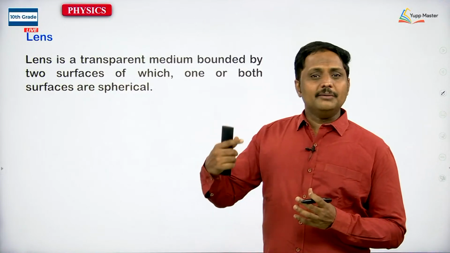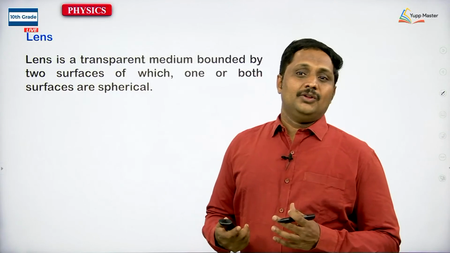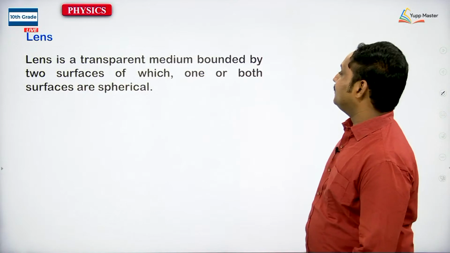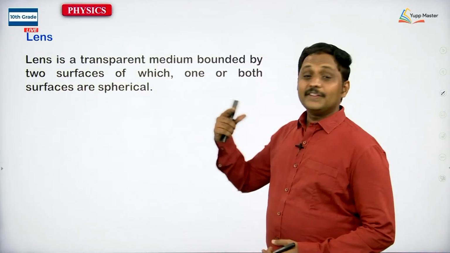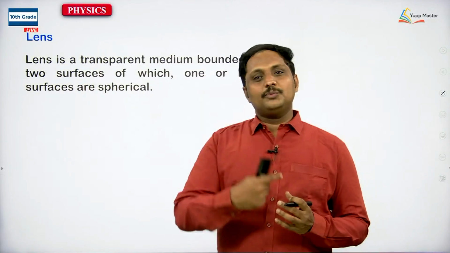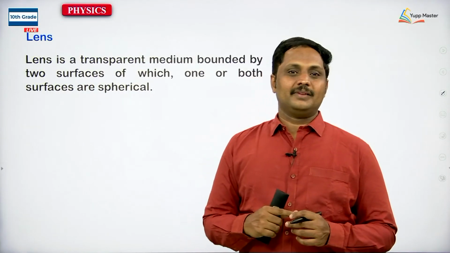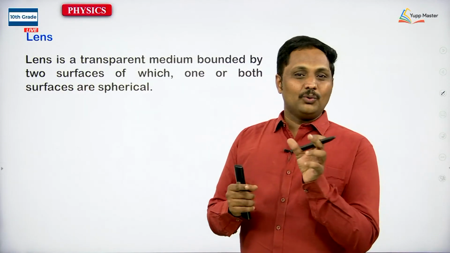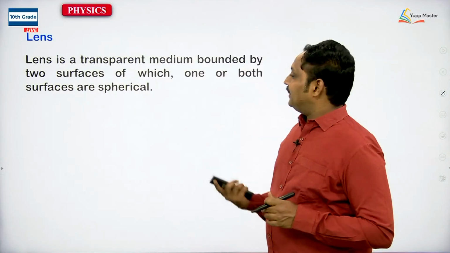One surface is bulged, the other is depressed. So what is a lens? A lens is a transparent medium bounded by two surfaces, where one or both of the surfaces are spherical. If both surfaces are spherical, it is known as a convex or concave lens. If one part is plane, that is Plano convex or Plano concave.